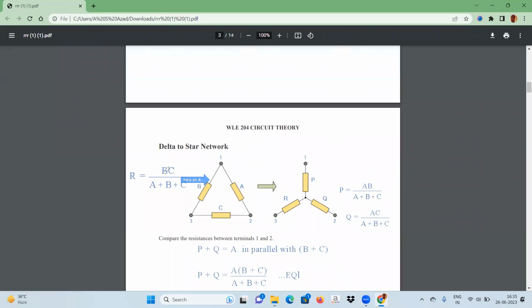Then we can calculate R is equal to B into C upon A plus B plus C.